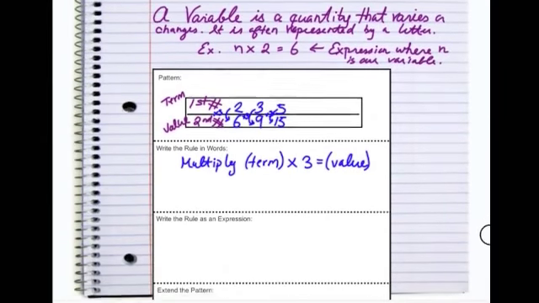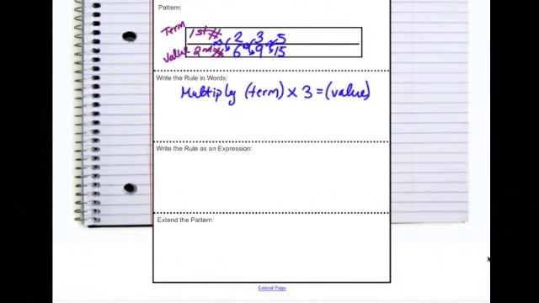If I want to write this specifically in an expression, I need to use variables. So I need to identify a letter, let's call it n, to equal the term number, and v to equal the value. My expression will look like n times 3 equals v.